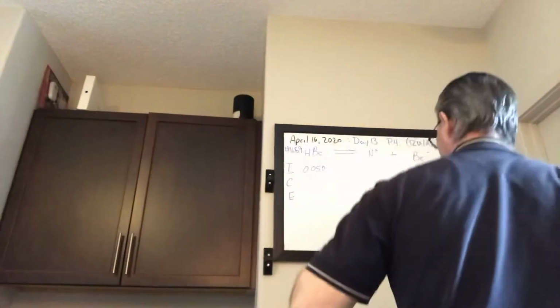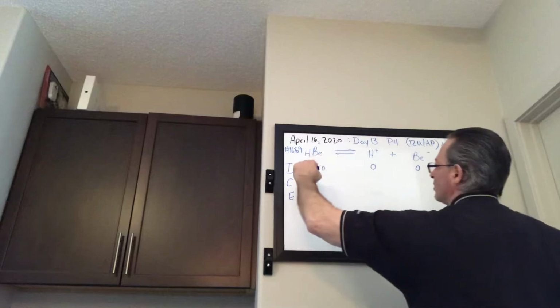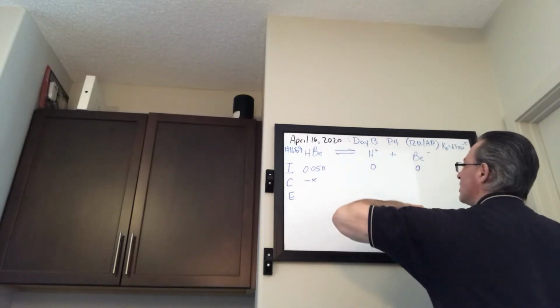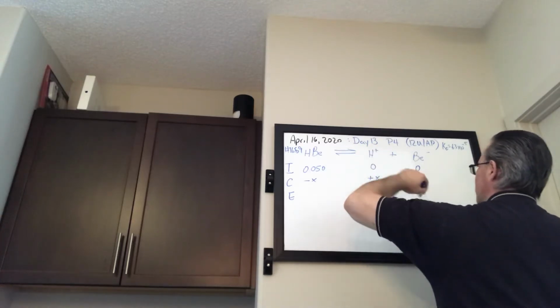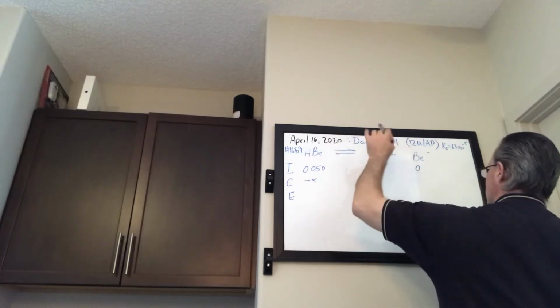So we set it up by saying that initially there's nothing in solution, but after some benzoic acid dissociates, a certain amount X disappears, and a certain amount X of protons appears, or hydronium ions if you like, because it's in an aqueous solution. I just left out the water part.